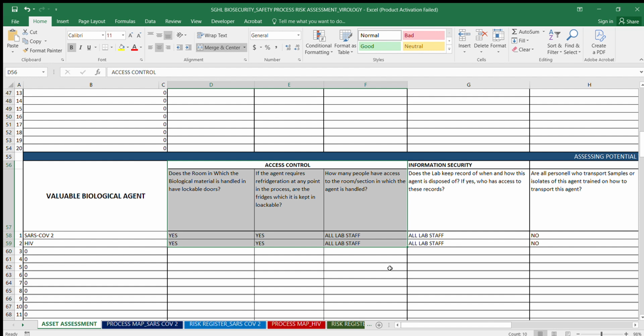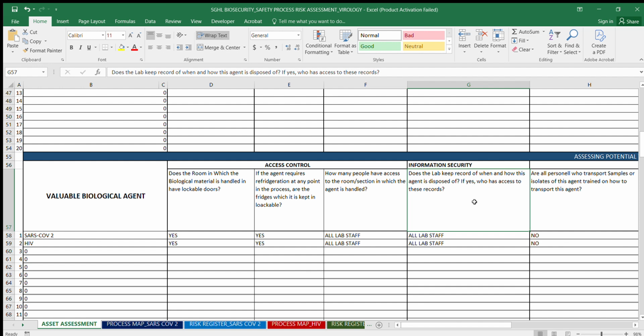So you may have logs that indicate that you disposed of these agents or not. The question mostly is related to disposal of these particular samples. So does the lab keep a record of when and how this agent is disposed of? If you say yes, then you ask who has access to these records.